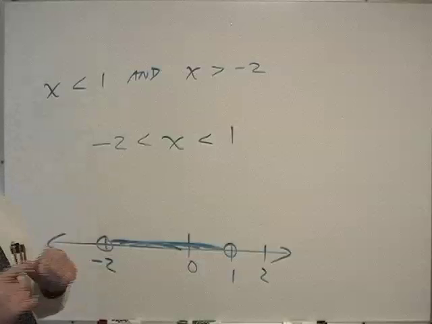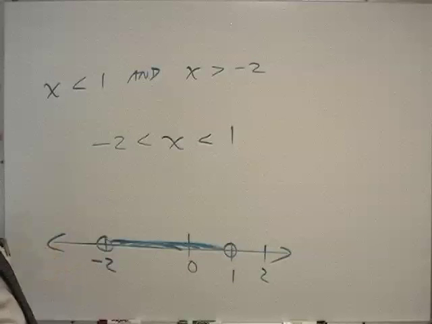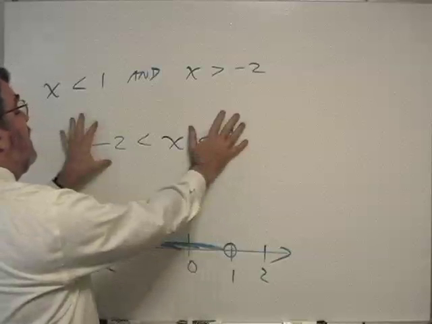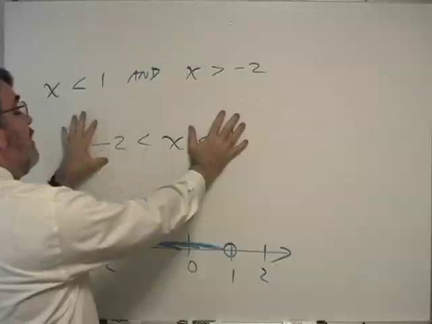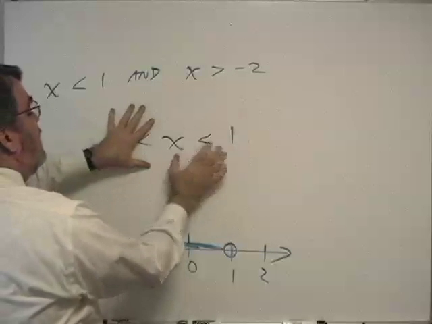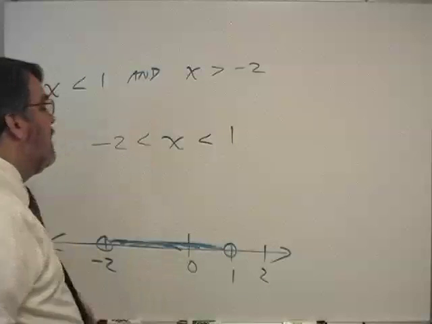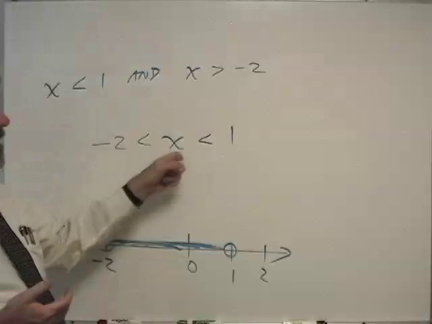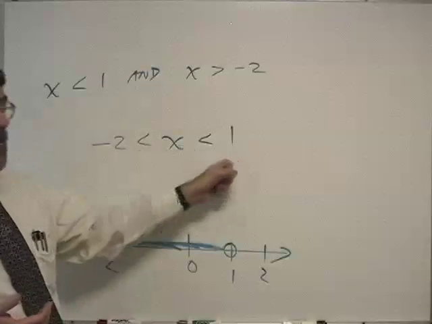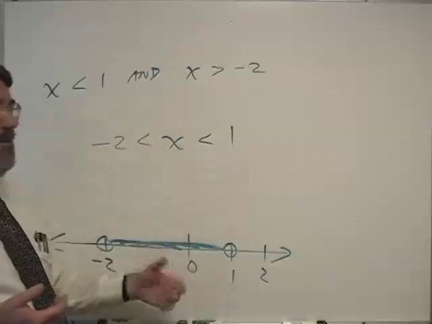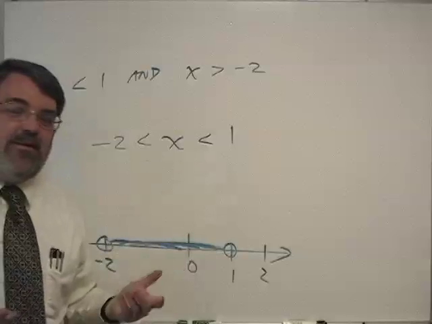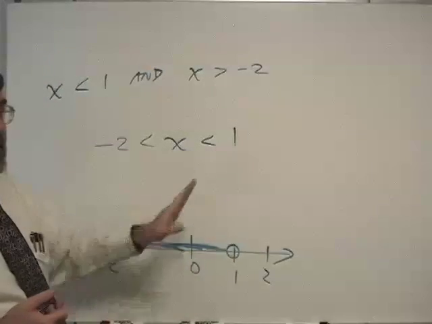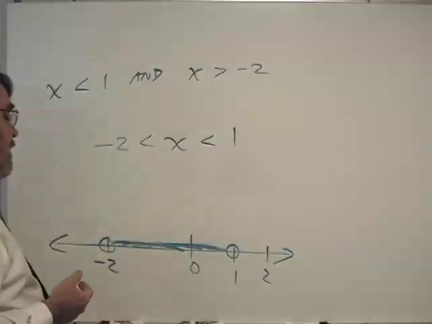It's one type of compound inequality. And you think of it as two separate inequalities. This part reads x greater than -2, and this part reads x less than 1. And so I prefer to think of this as being sandwiched. x is between -2 and 1. So informally, I call this a sandwich inequality. But indeed, x falls between -2 and 1.